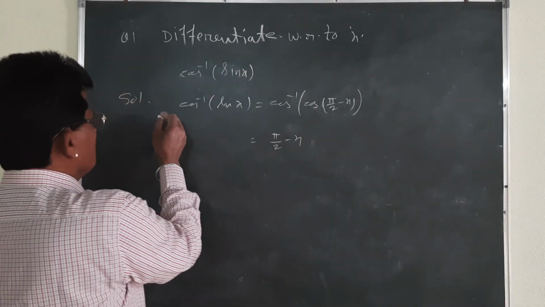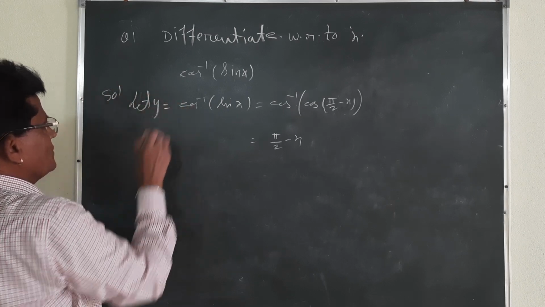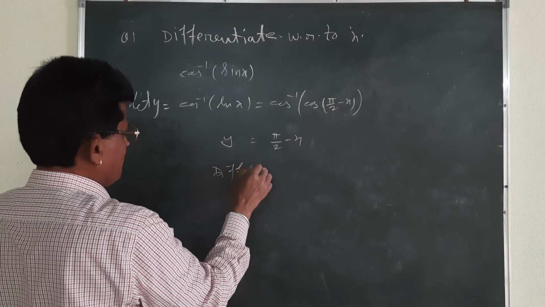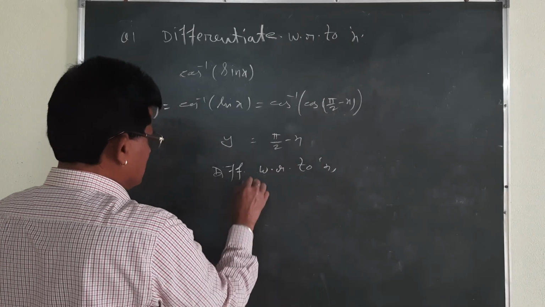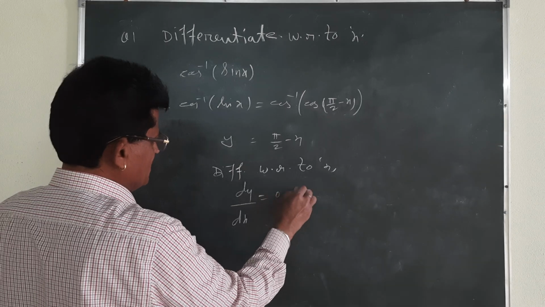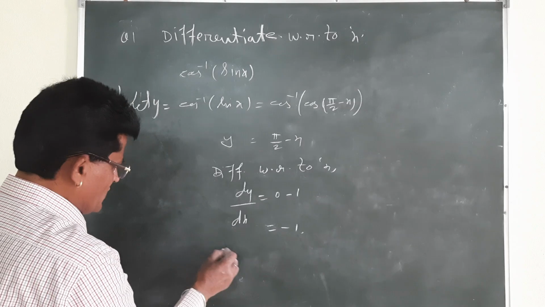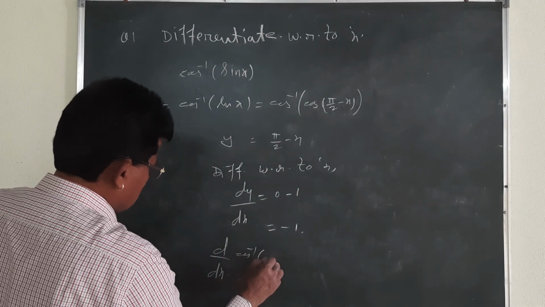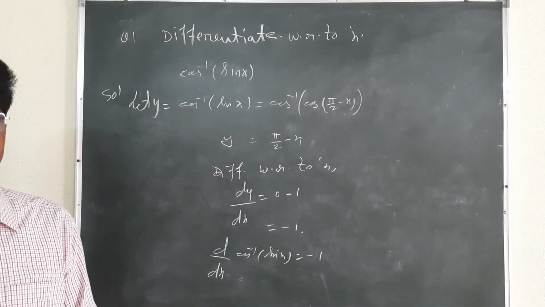And you can assume, if you want, let y be equal to it. Differentiate it with respect to x. dy upon dx is equal to, pi is a constant, its differentiation will be 0, minus 1. It will be minus 1. If you want to write the answer, you can write it in that way. Cos inverse sin x, its differentiation will be minus 1. In the easiest way, you can find out its solution.